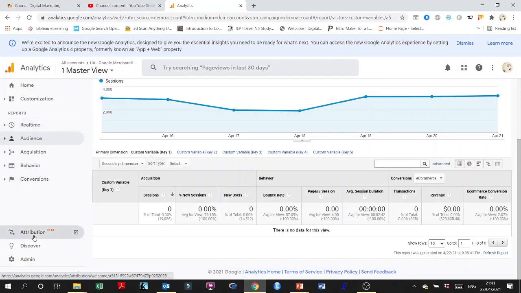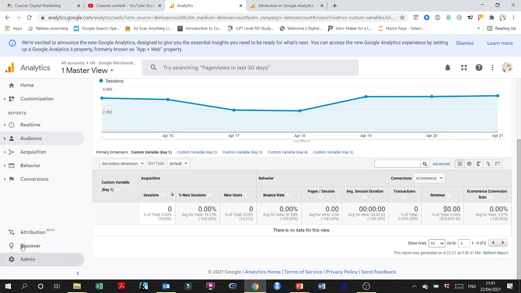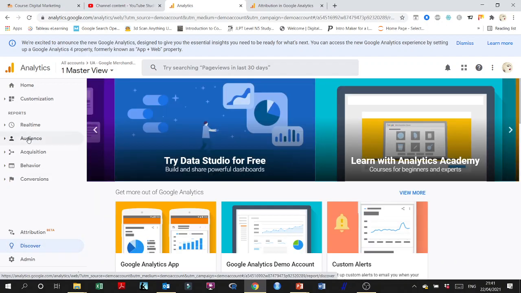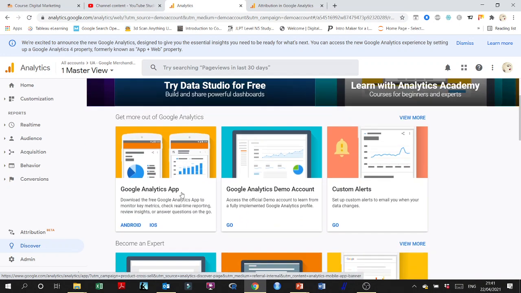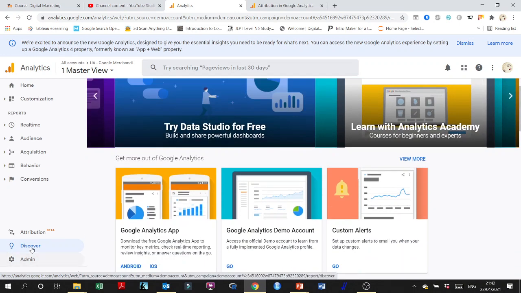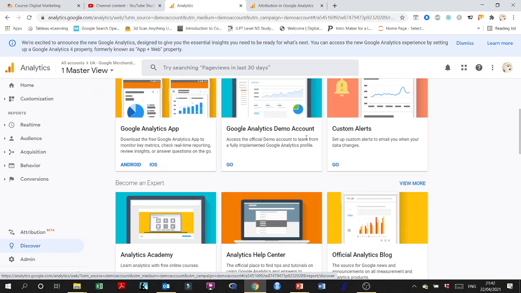Spend most of your time looking here at different parts or different attributes of Google Analytics. Discover a little bit more about Google Analytics by going to the Google Analytics app. You can use a demo account.